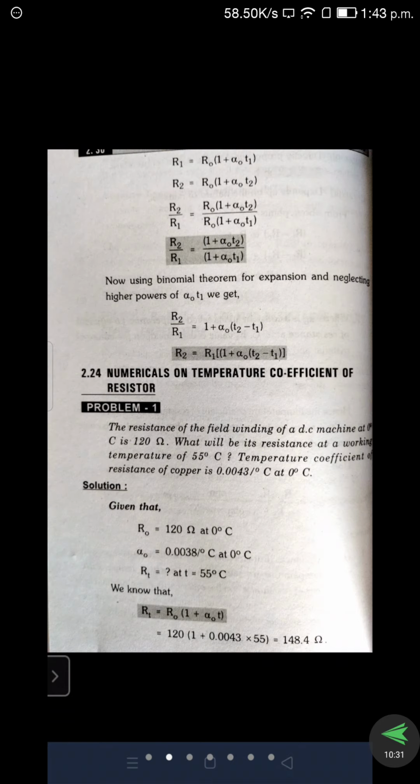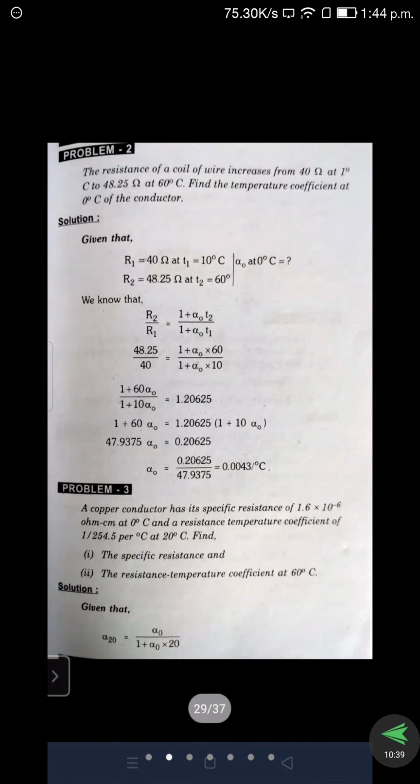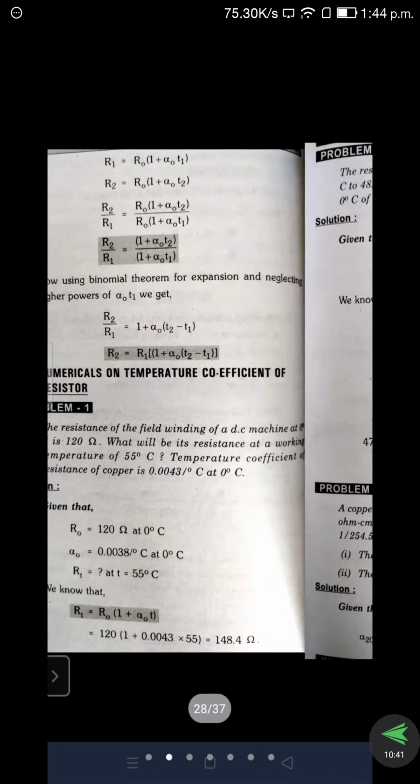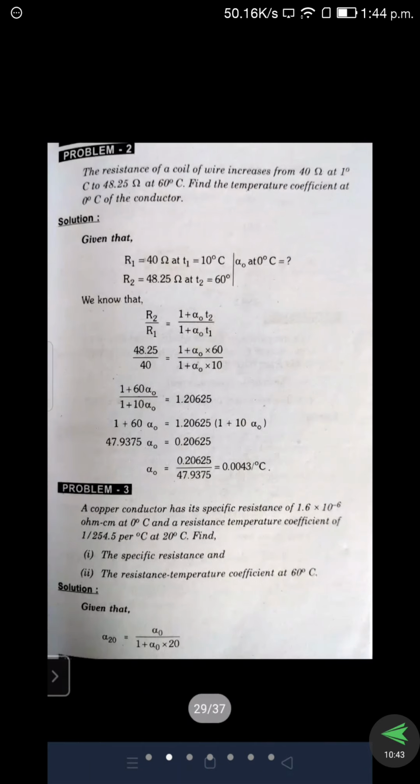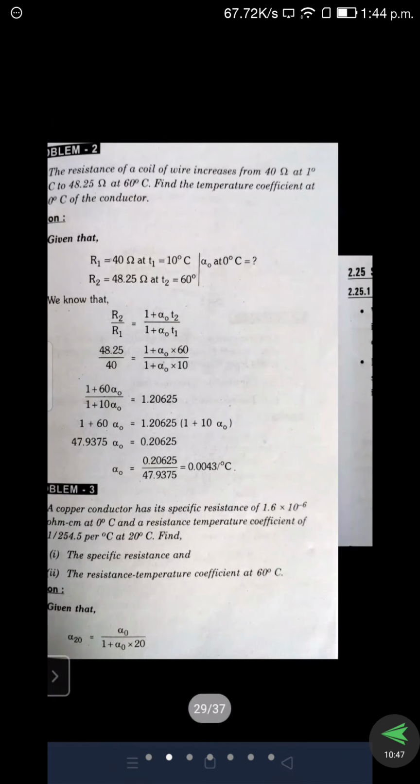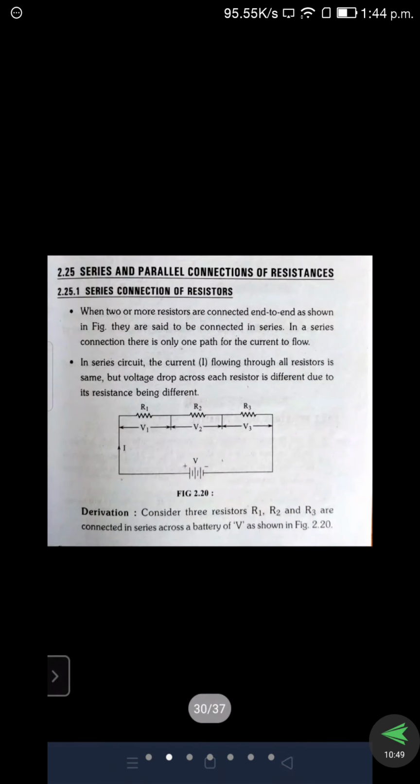These are the formulas we use to calculate resistance values for different temperatures. We see problems related to that. In one case we find the R2 value, in some cases we find the temperature coefficient alpha naught.